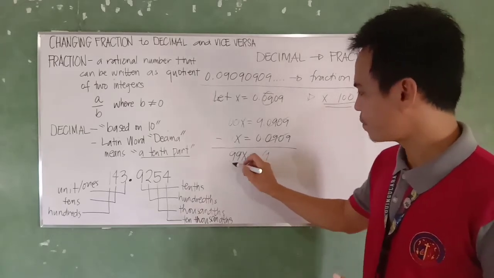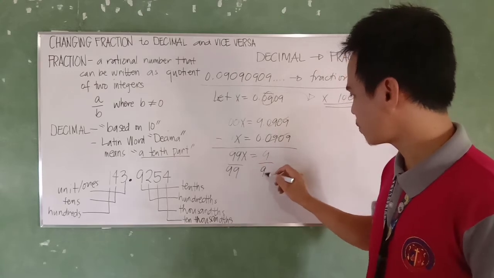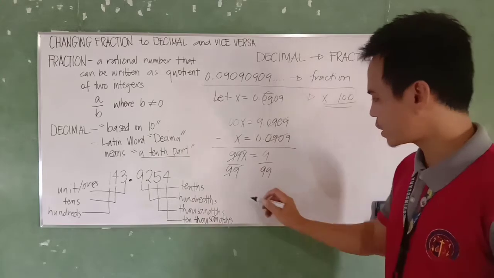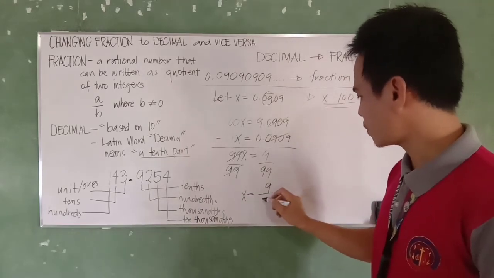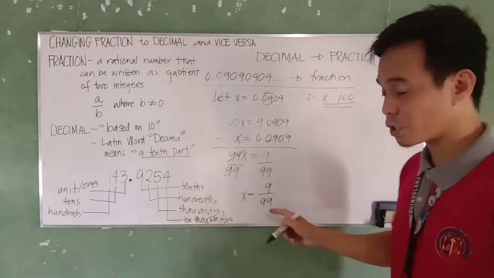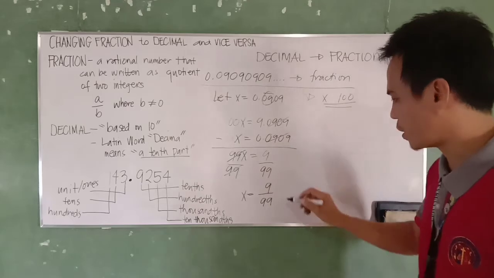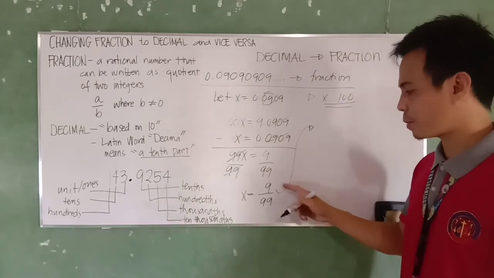So, to get the value of x there is to divide both sides by 99. Then, this one will be cancelled out. Yung natitira is x is equal to 9/99. So, there you have it, guys, our fraction form. Let's just try to simplify this one. So, therefore, we have to get the common factor para ma-simplify siya.